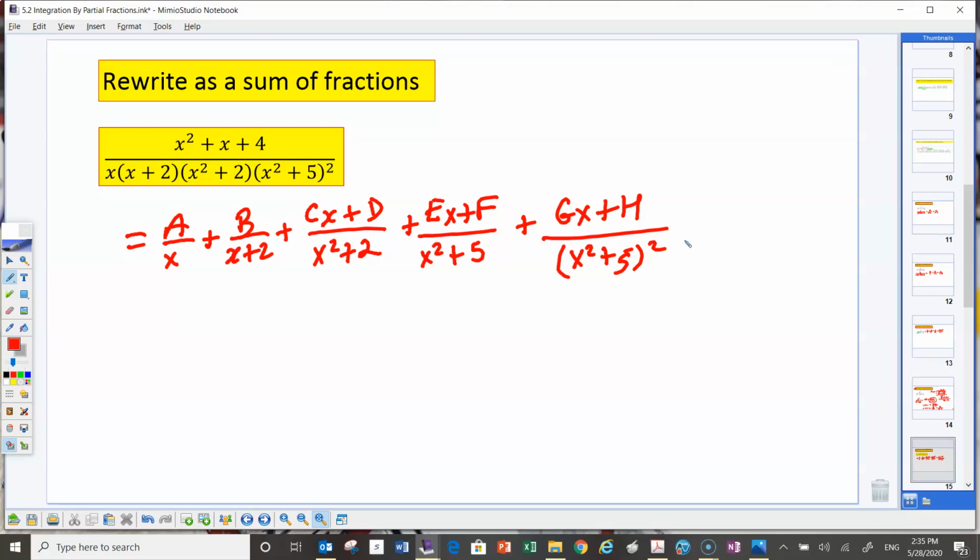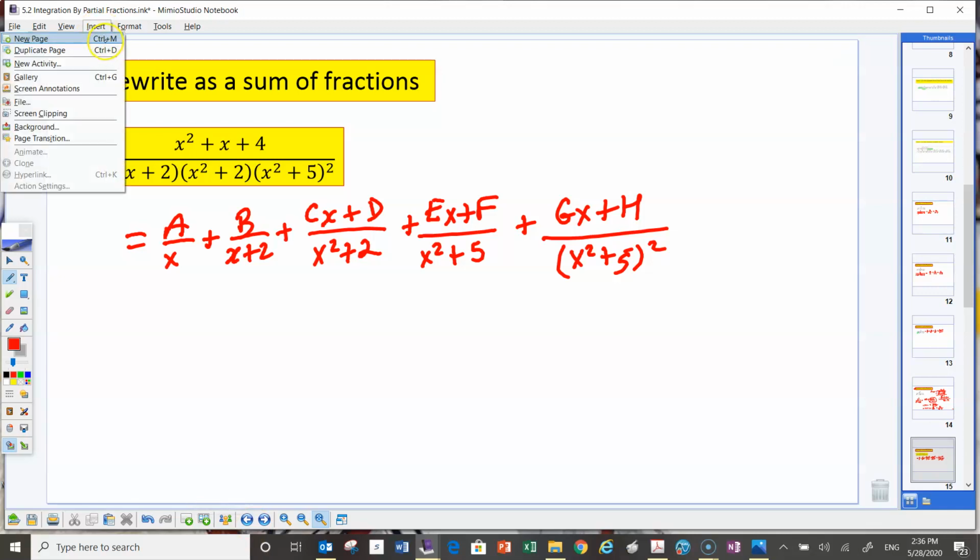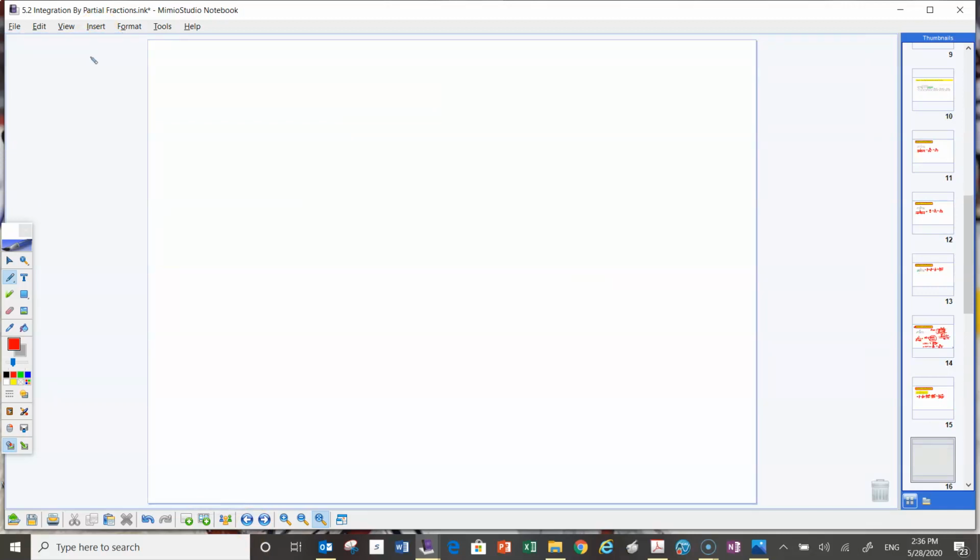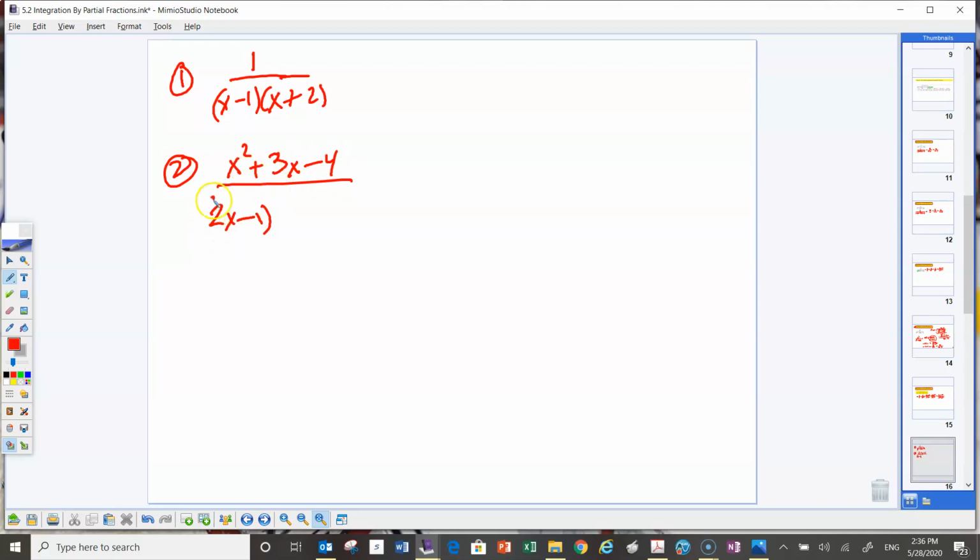Okay, I'm going to give you a few to practice. So again, all I want you to do is write them as their partial fractions. Okay, so here are the 6 that I want you to do. Number 1 is 1 over x minus 1 times x plus 2. Second one is x squared plus 3x minus 4 over 2x minus 1 squared times 2x plus 3.